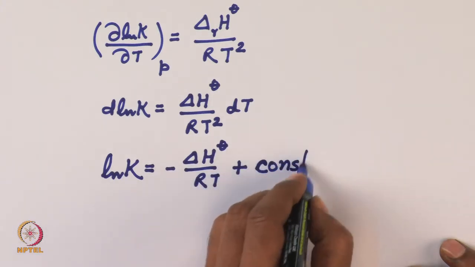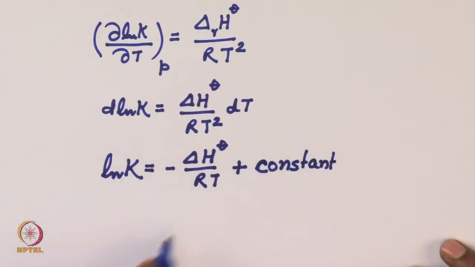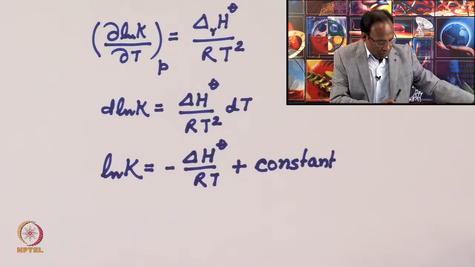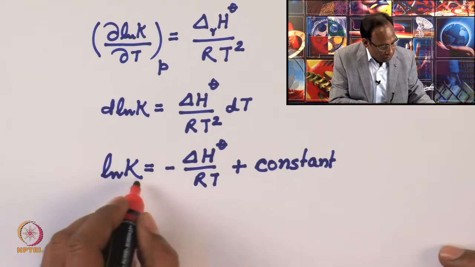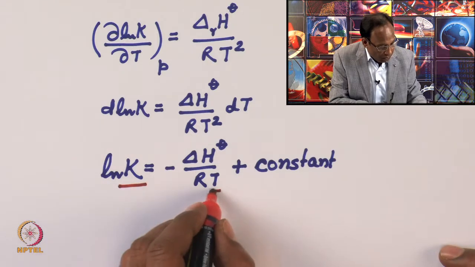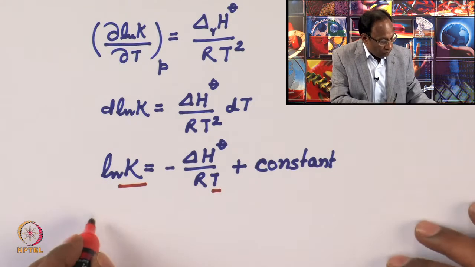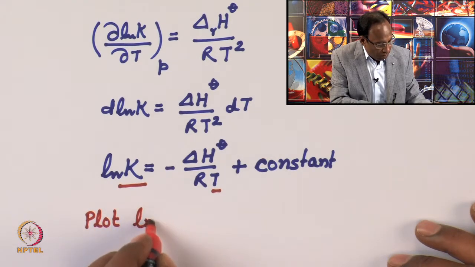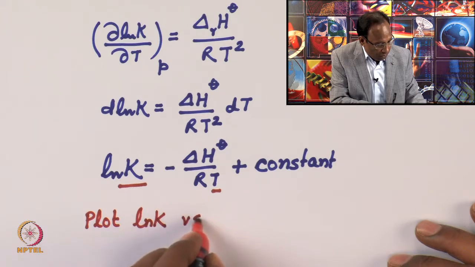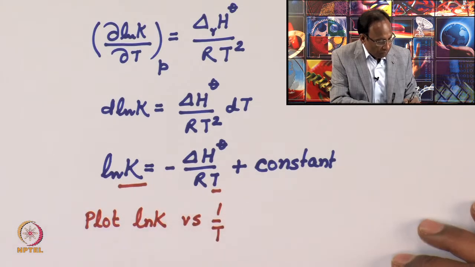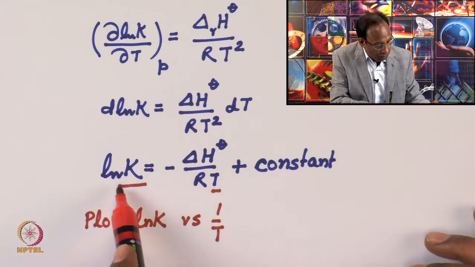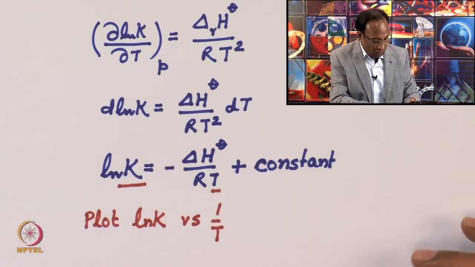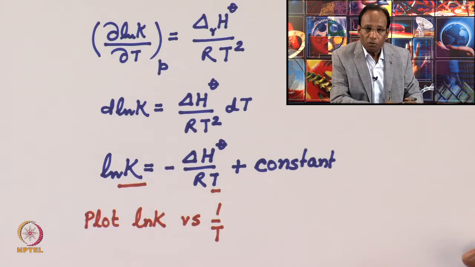This equation we have discussed during the lecture. Now, what we have been given is the value of K at different temperatures. So, what we will do is we will plot log K against 1 by T, and obviously, when you plot log K against 1 by T, minus delta H naught by R is the slope.